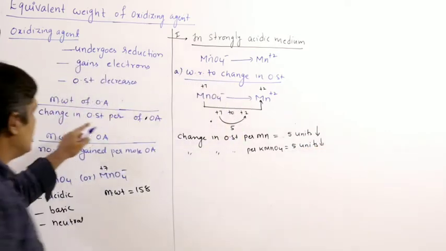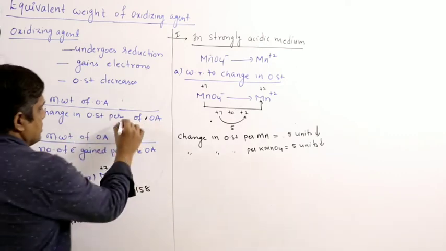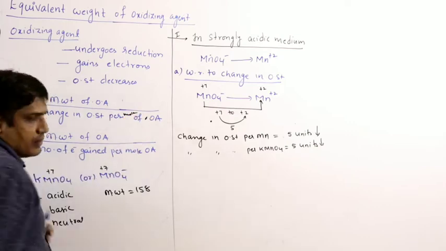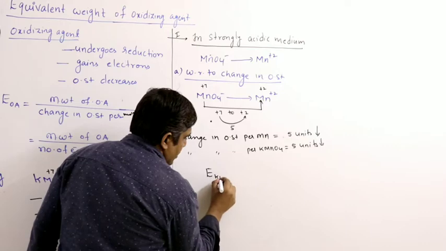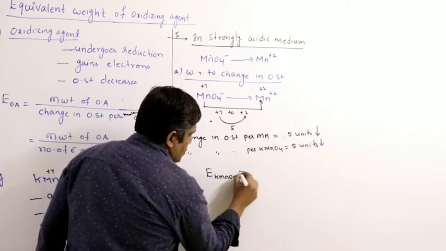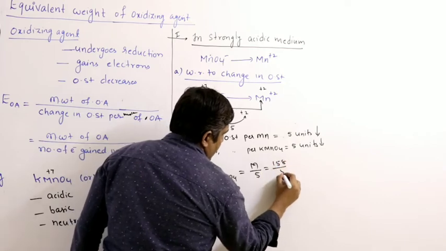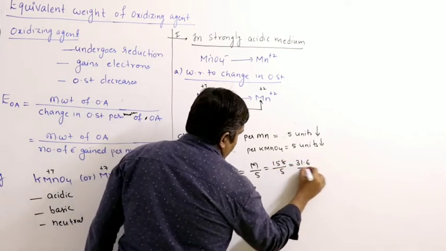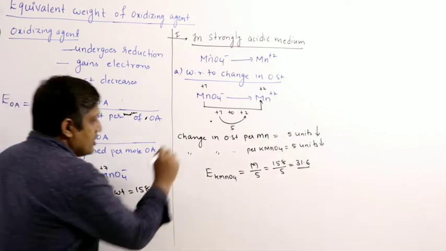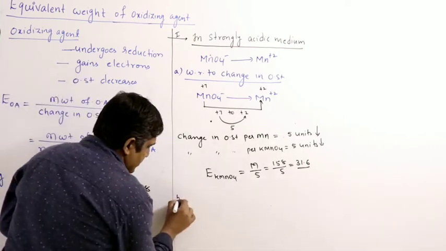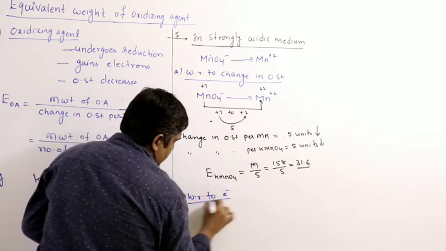So what is the change in oxidation state per mole of oxidizing agent? 5 units decrease. Therefore, the equivalent weight of KMnO4 is molecular weight by 5, 158 by 5, that is 31.6, in strongly acidic medium. The same thing I can balance with respect to electrons.